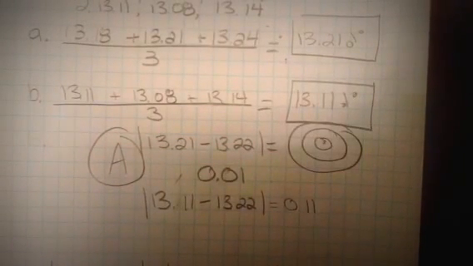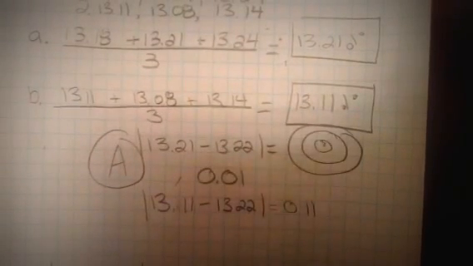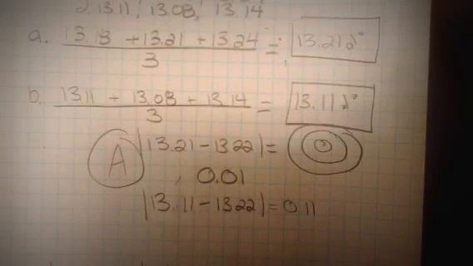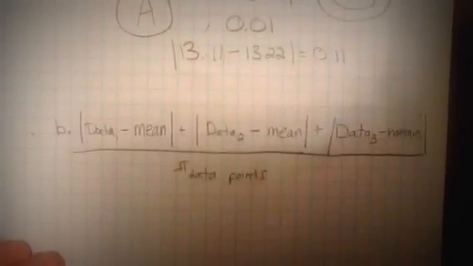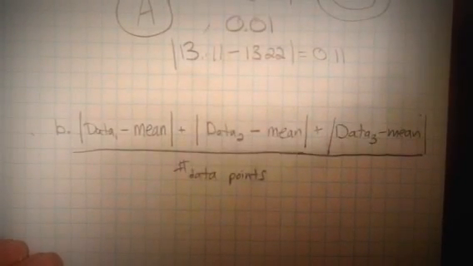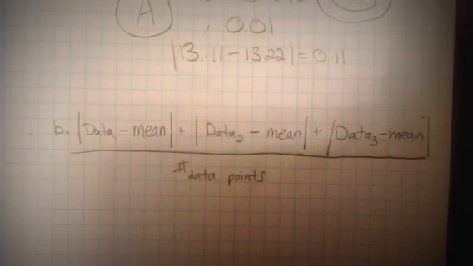Now we have to look at the precision, and that is where the original problem was. There are many different ways to calculate precision, but this is probably your quickest route, and it is the route we're going to use in class. I've already set up our formula for the mean absolute deviation, or I'll just call it absolute deviation here.